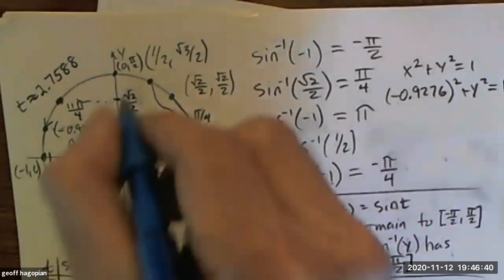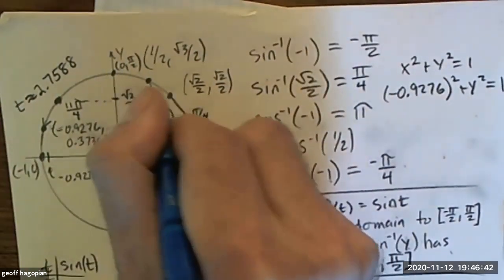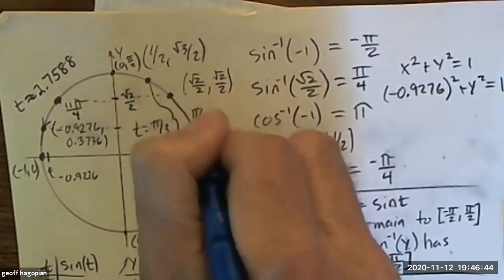Remember, the range of the arc sine function is negative pi over 2 to pi over 2. So is there some arc in that range that would take us to this y coordinate? Yes, there is. It's over here, and that's pi over 4.